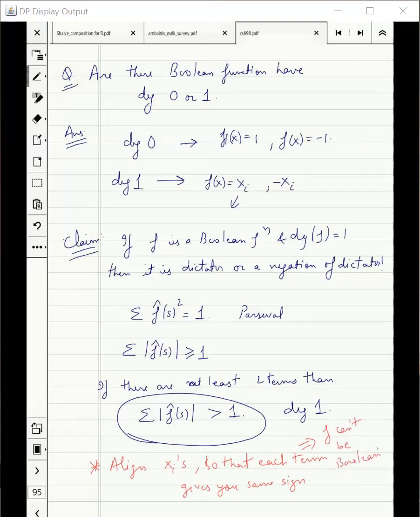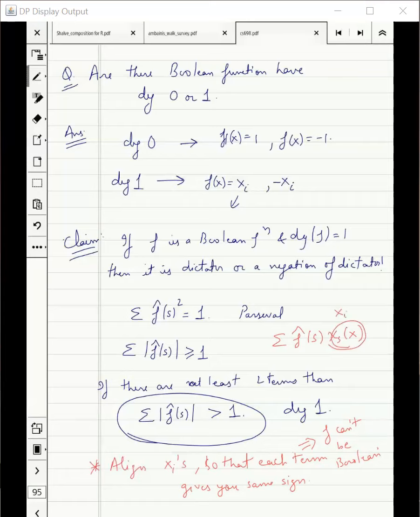So essentially, we are saying that if f is the summation of alpha i times xi, then each alpha i has to be either 1 or -1, right? No, we are not saying that. We are saying that we can choose xi so that alpha i xi has the same sign for all i. Your function is the summation of f at s chi s of x. You know that this chi s of x is just some variable xi or xj.